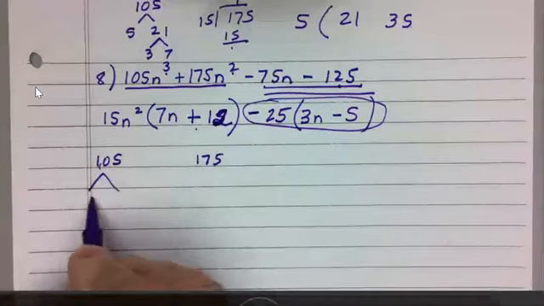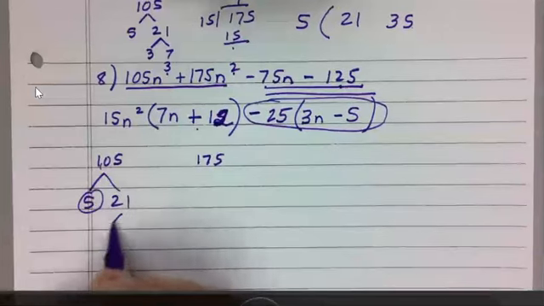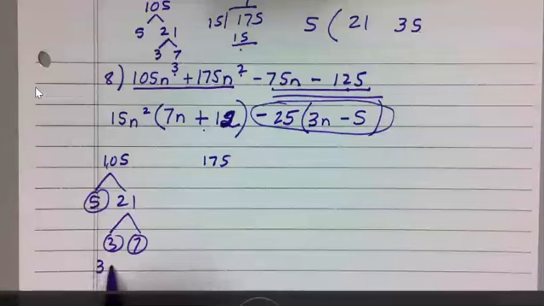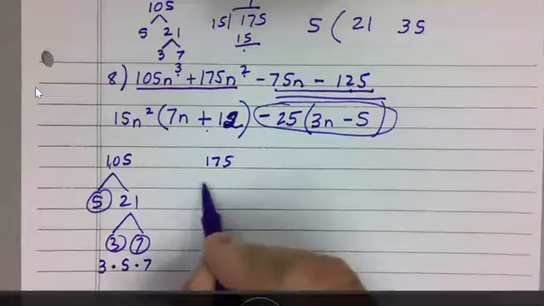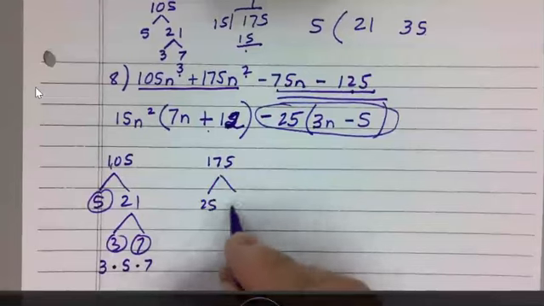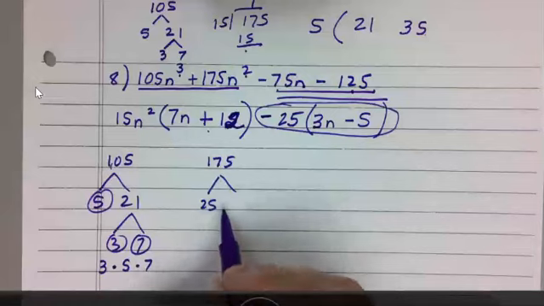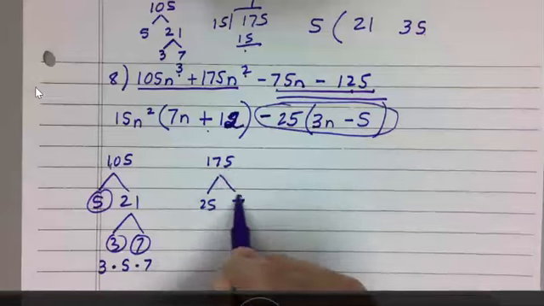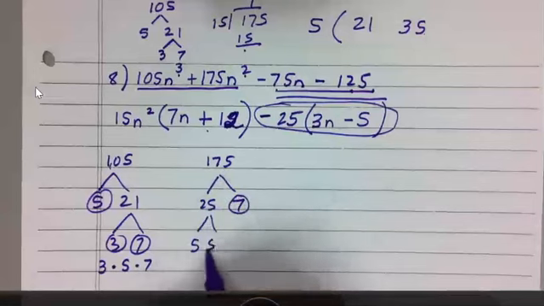So I'm going to use prime factorization. I'm going to write it out by its prime factors. 3 times 5 times 7. 175 is 25 times 7, and that's 5 times 5.